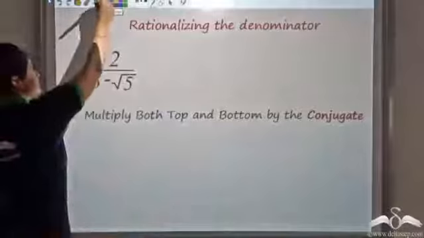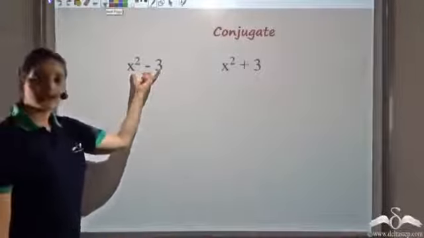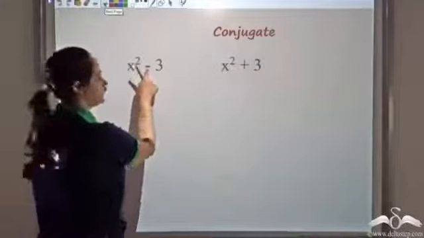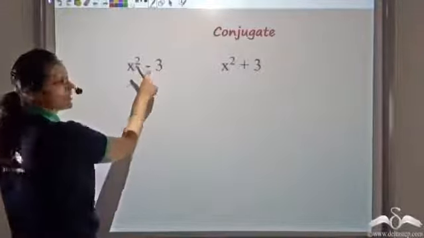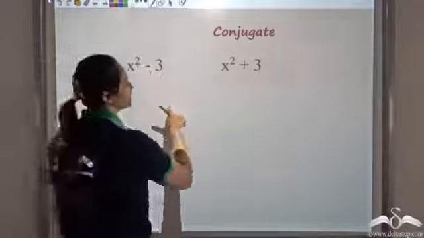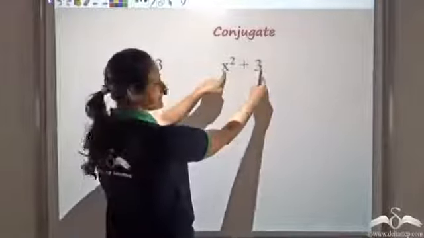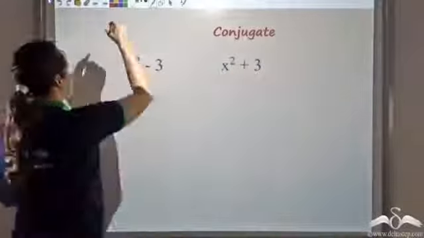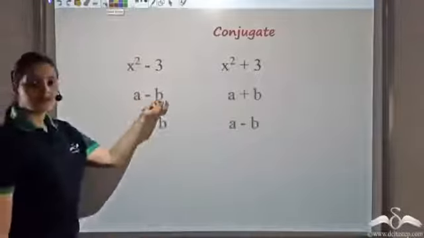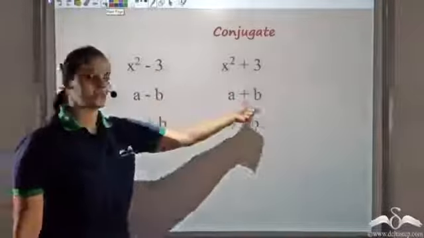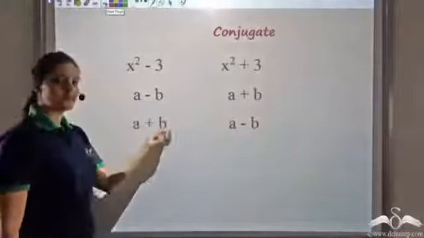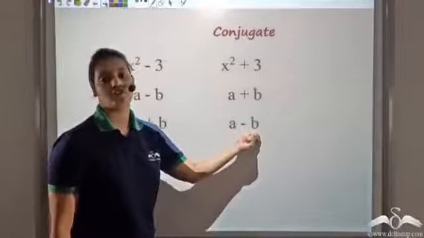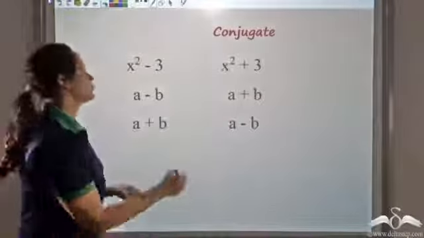When you have two terms, you change the sign in the middle. The terms remain the same, but the sign in the middle changes. So a subtraction sign becomes an addition sign, and if I have two terms separated by an addition sign, it becomes a subtraction sign. That is what conjugate is.